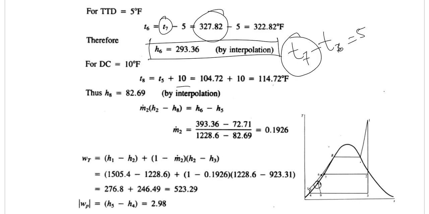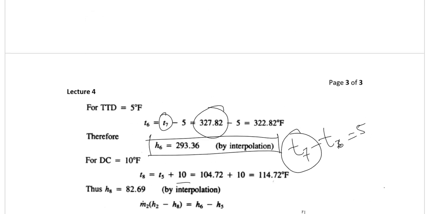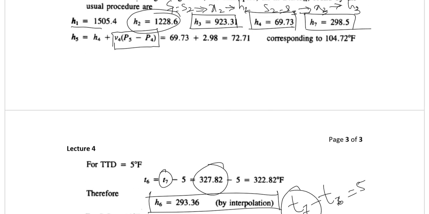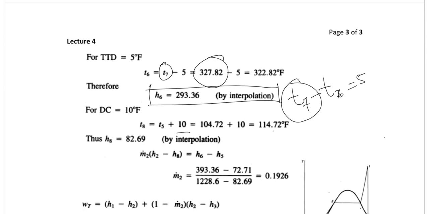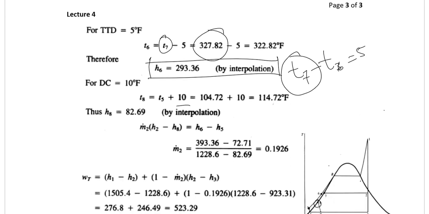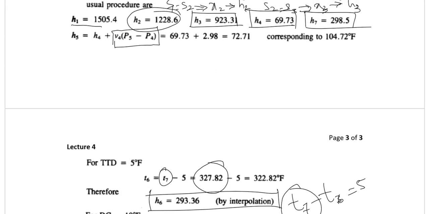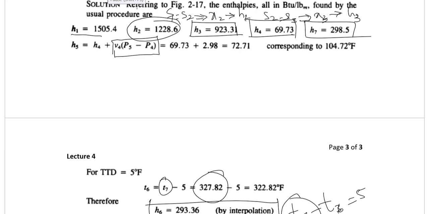T5, as in the previous example, corresponds to this temperature and this pressure, which was equal to the pressure at the exit, and the pressure at the exit was 1000 psi.